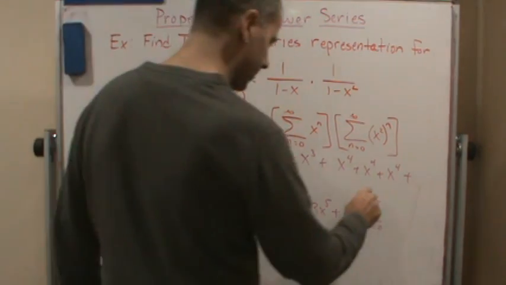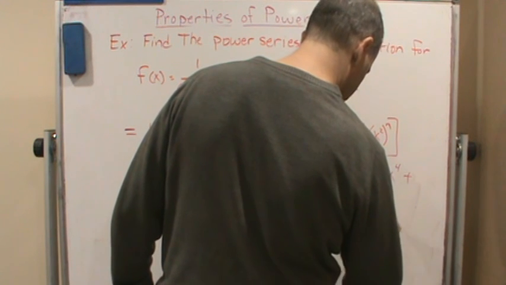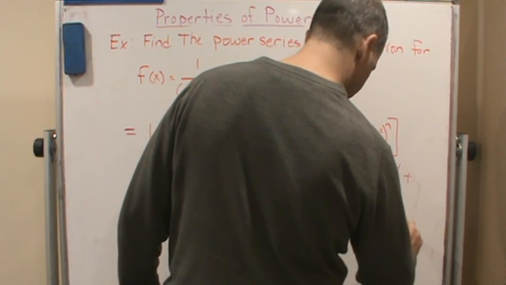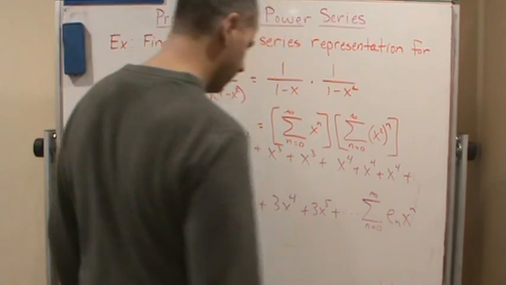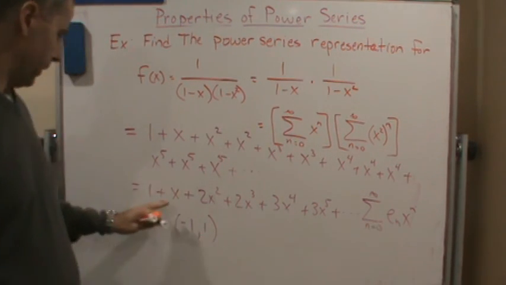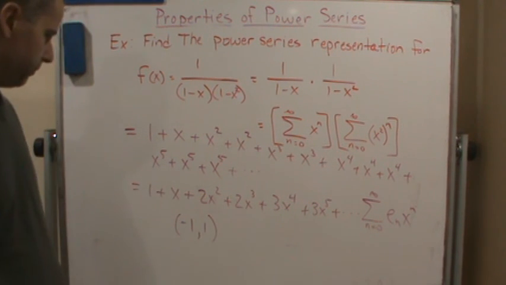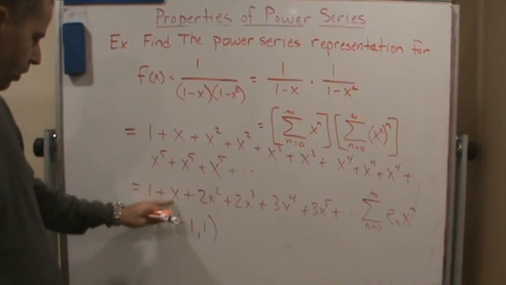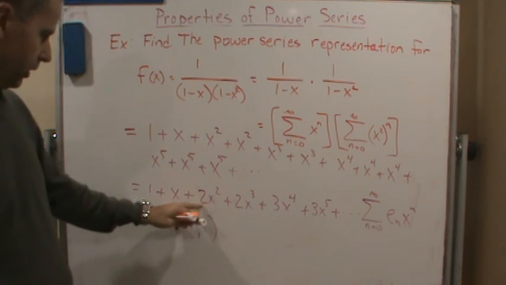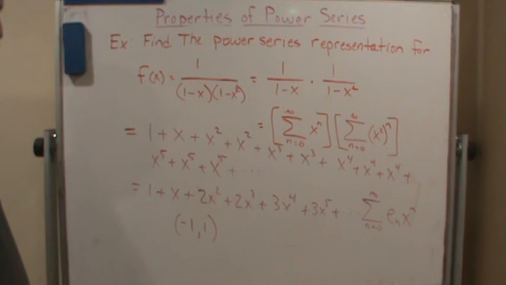Now representing the series as e sub n times x to the nth, we can see that there's an x to the nth power, but it's not obvious how to write e sub n. Because what's going on, it starts at 1, 1, right? It's going 1, 1, 2, 2, 3, 3, and it's going to continue on 4, 4. How to write that as an e sub n, that's going to be a little difficult.